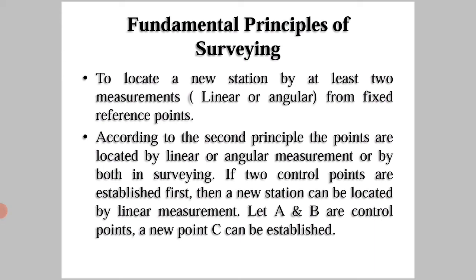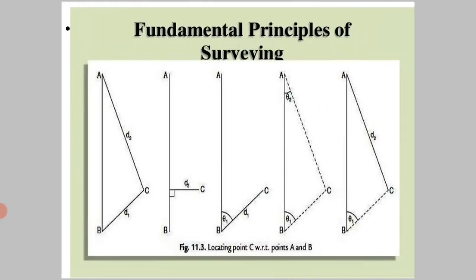According to the second principle, the points are located by linear or angular measurement or by both in surveying. If two control points are established first, then a new station can be located by linear measurement. Let A and B be control points and a new point C can be established. See this diagram.